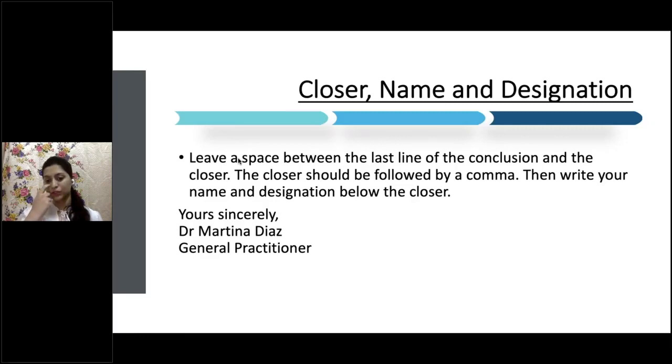The closer should be followed by a comma, if you put a comma initially in the salutation. Then you write your name and designation below the closer. So basically it's "Sincerely," comma, your name, and then who you are, your designation. It could be anything, just doctor or say nurse in charge, anybody.